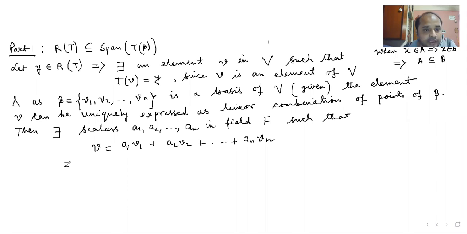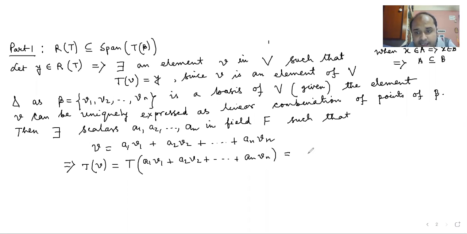Now I am going to take the linear transformation from both sides. So T of V becomes T of a1 v1 plus a2 v2 plus dot dot dot plus an vn. And since it is linear, I can write it as a1 into T v1 plus a2 into T v2 plus dot dot dot plus an into T vn.